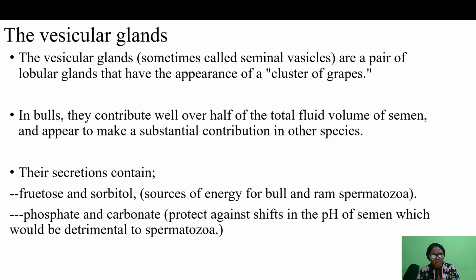So there's a need for a sustainable source of energy, and this is found in the vesicular gland because it contains fructose. It also contains phosphate and carbonate, which protect against a shift in pH of the semen so as not to be detrimental to the sperm cell.